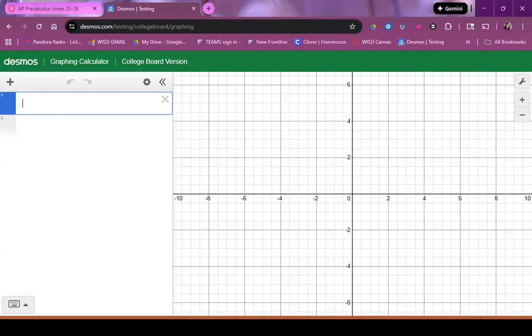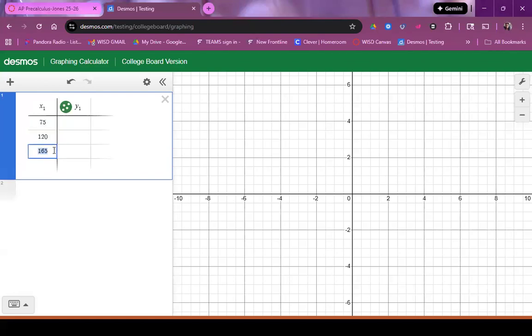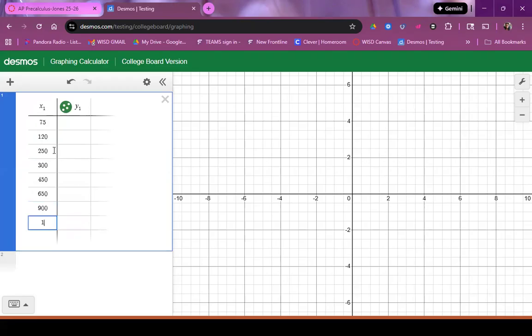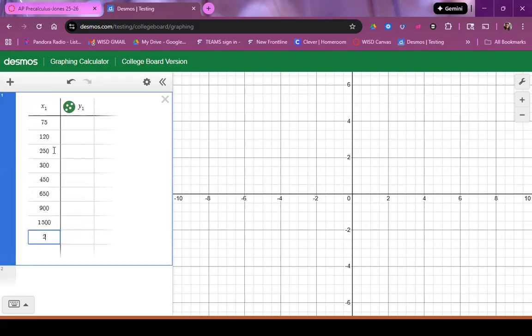Okay, so we're going to add our table. We're going to type in our values. So in this case, we have 75, 120, 250, 300, 450, 650, 900, 1500, 2500, 5000.